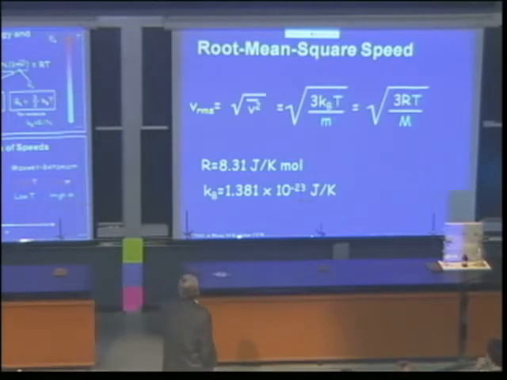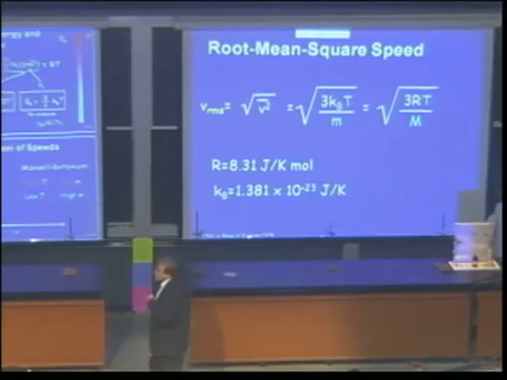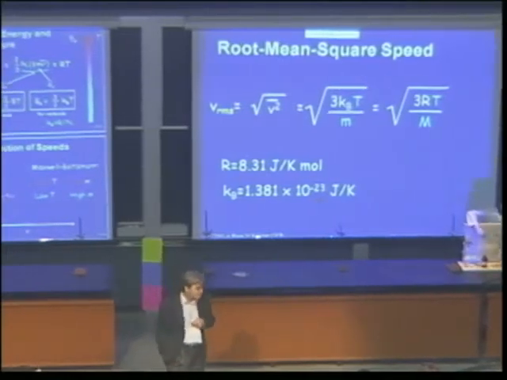And for ideal gases, the root mean square speed is the square root of 3RT divided by the molar mass, so it's directly proportional to the square root of the temperature, and inversely proportional to the mass, okay? It's given to you here in this panel. You might need this for one of the following questions.